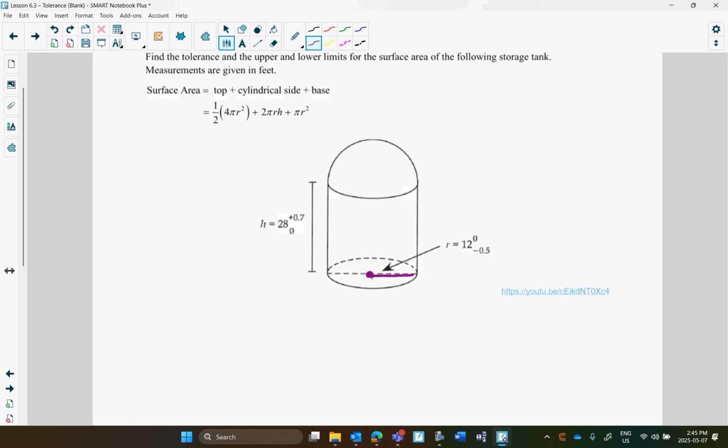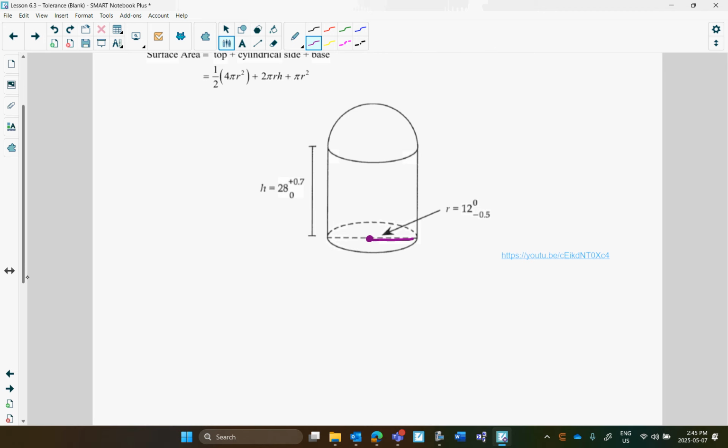Okay, the maximum, so we gotta keep track. 1/2 times 4 times pi times whatever the radius of this shape is, the maximum it could be, 12, because it's 12 plus 0, squared.